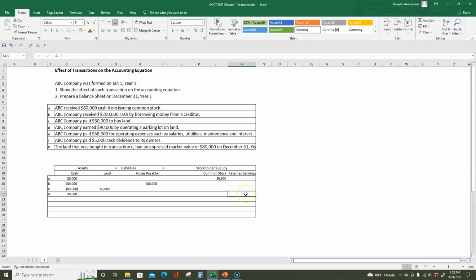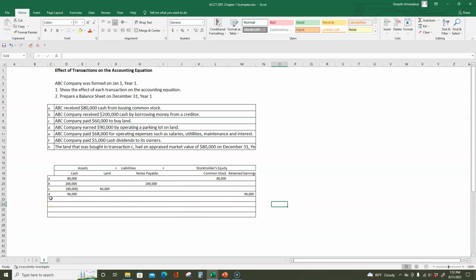So if my revenue increased, my retained earnings would have increased by $90,000. So I have that here. Now let's make sure the accounting equation balances. Assets increased by $90,000, nothing happened to liabilities. Stockholders' equity increased by $90,000, keeping the accounting equation in balance.